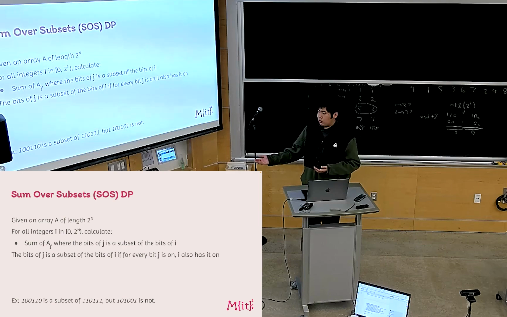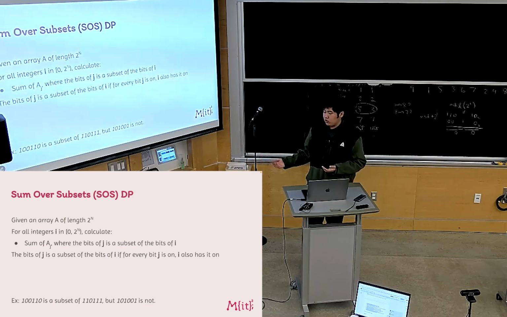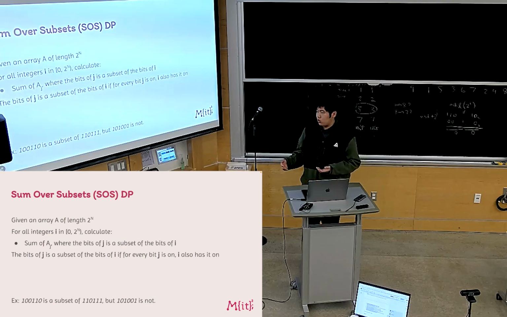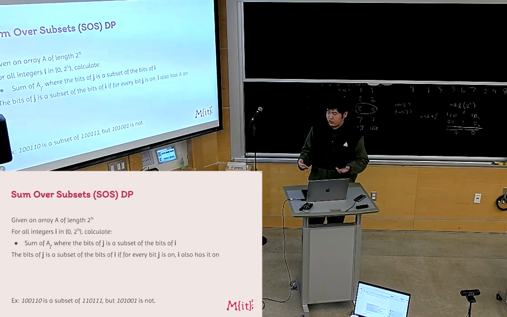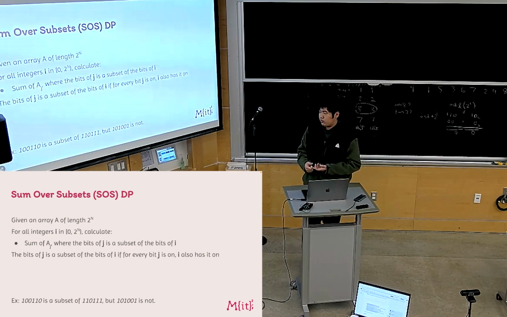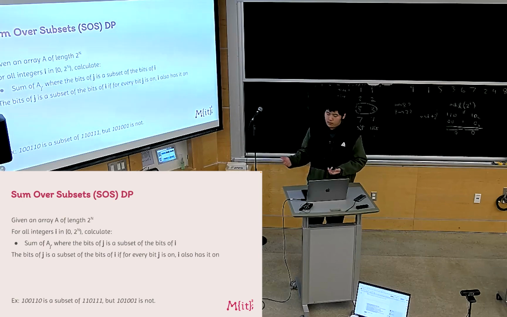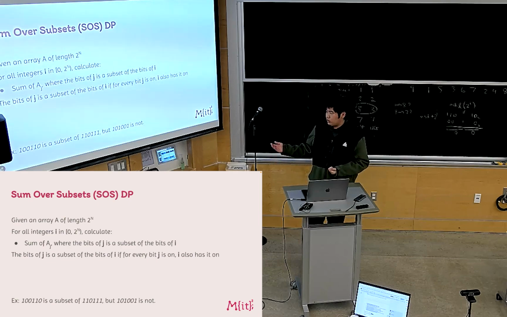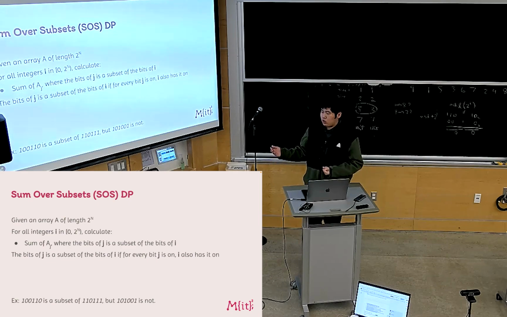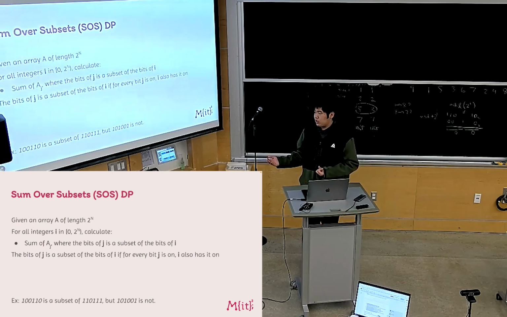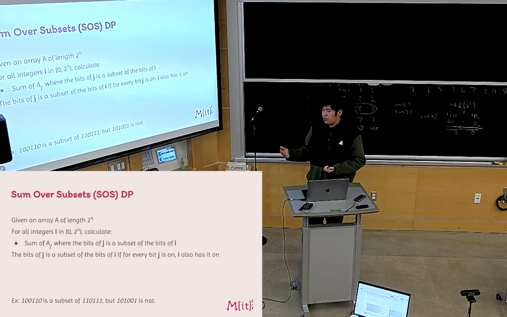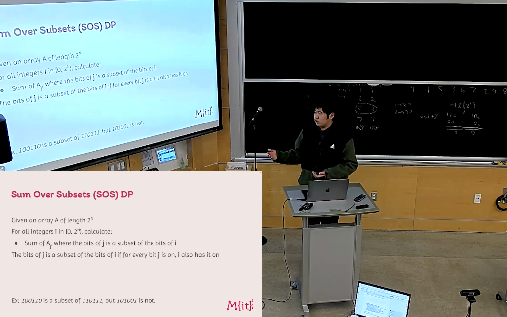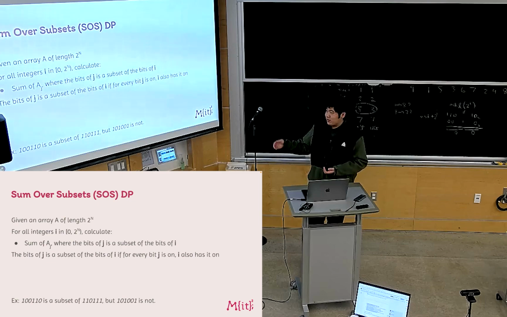In the example, you can see that 100110 is a subset of 110111, because for all the bits that are on in the first number, notably the first, fourth, and fifth going from the left, they're also on in 110111. But 101001 is not a subset because it has the third bit from the left on, but 110111 does not. Sorry, that was a bit of a mouthful. Do those problem statements make sense? I have an example on the next slide, I believe.